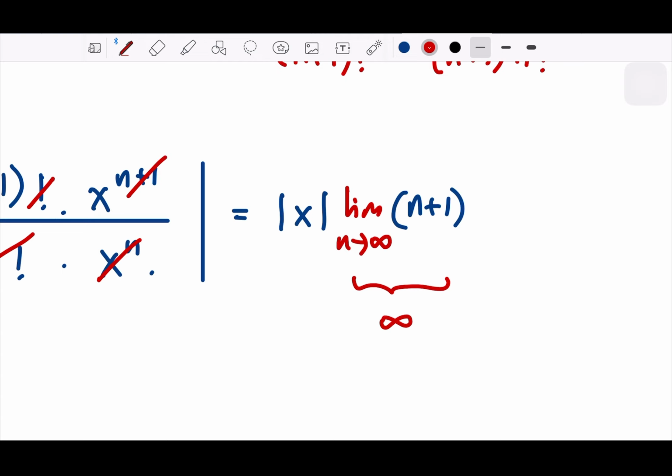What values of x will make the whole series converge? Since this limit is infinite, what is our value of x so that the whole series will converge? 0. Yes, x should be 0.